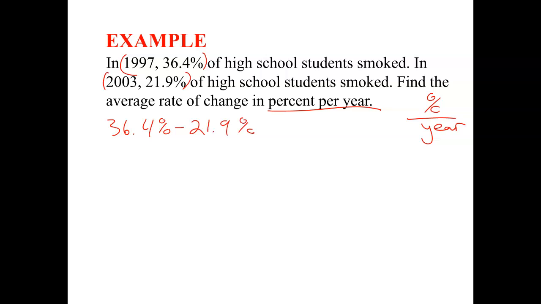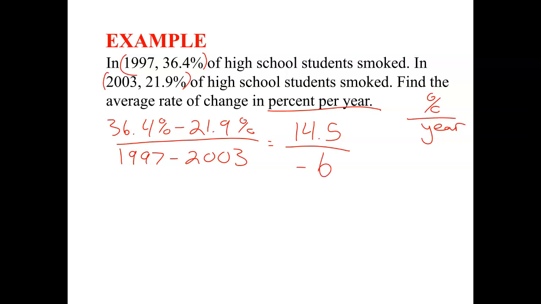So that's our slope formula. 36.4% minus 21.9%. What's that give me? And 1997 minus 2003. Negative 6.